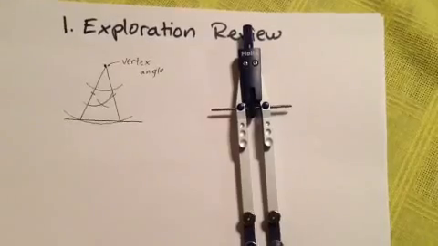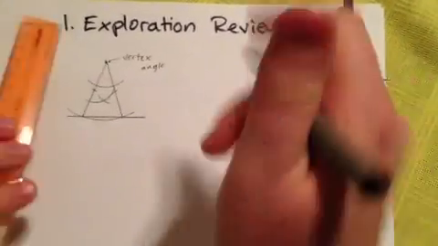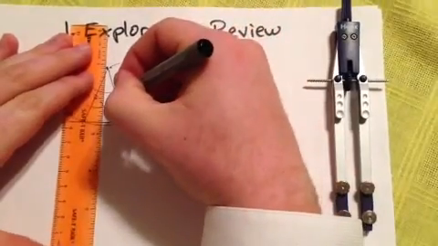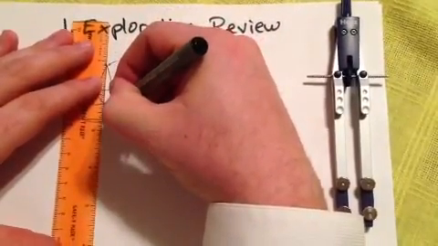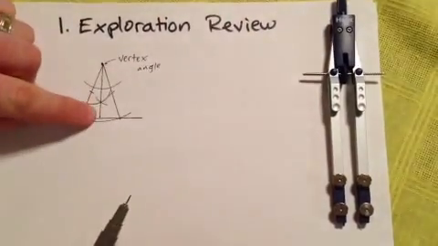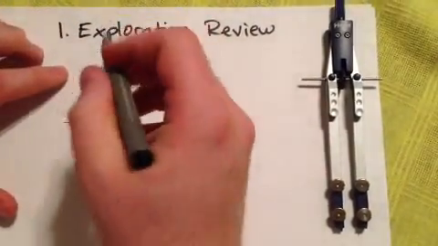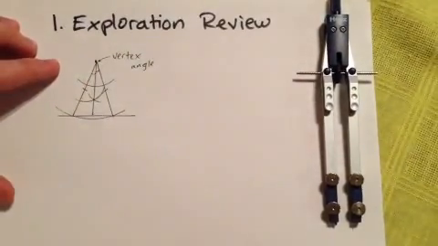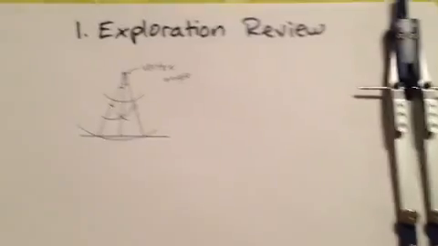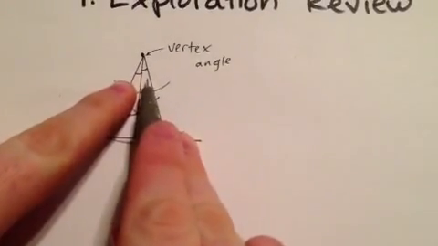That point of intersection of the two arcs is where you're going to place your pen to draw your angle bisector. The line that you connect between the intersecting arcs and the vertex angle bisects the vertex angle. So those two angles here are actually the same value.